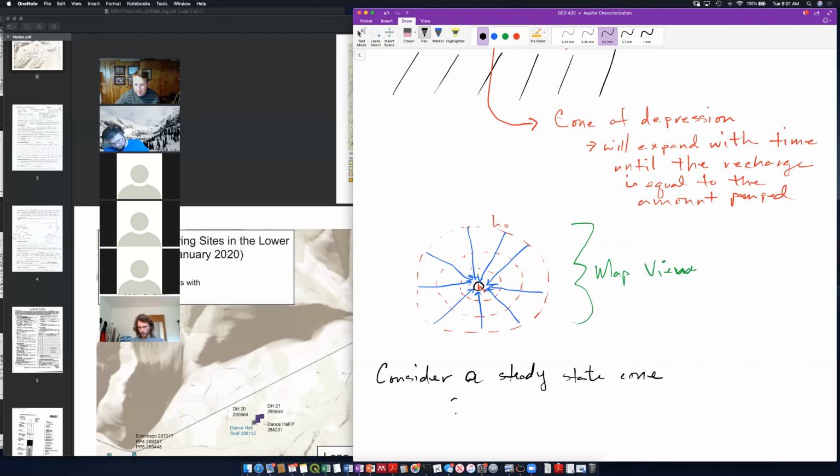This means that the amount I'm pumping is equal to the recharge of the aquifer. I'm pumping out exactly how much water is entering the aquifer, and my water table configuration reaches a steady state. I have a constant drawdown cone, so this implies that my drawdown cone is stationary.